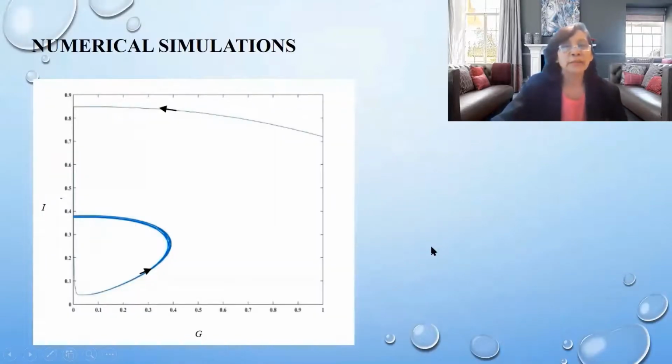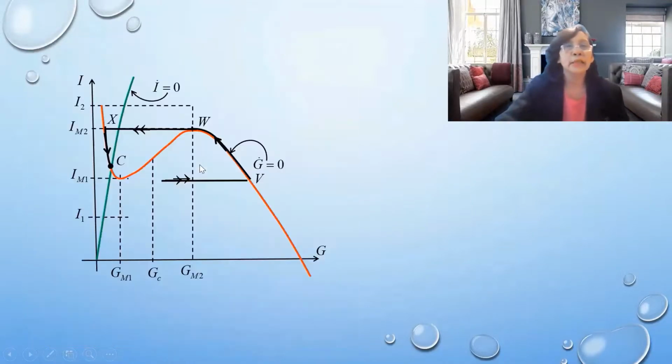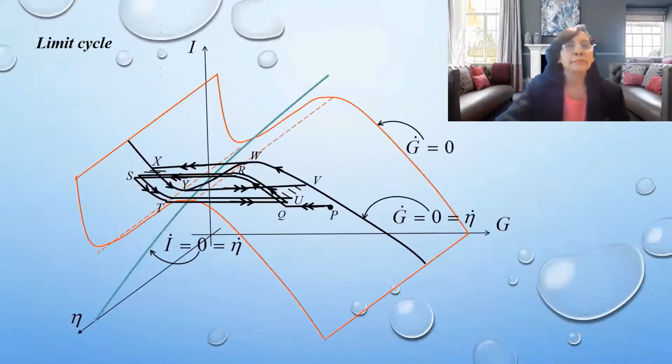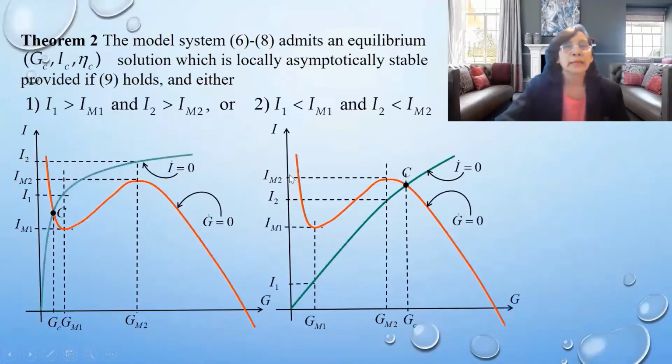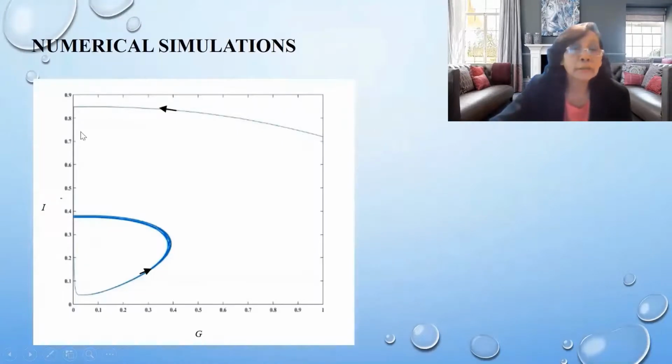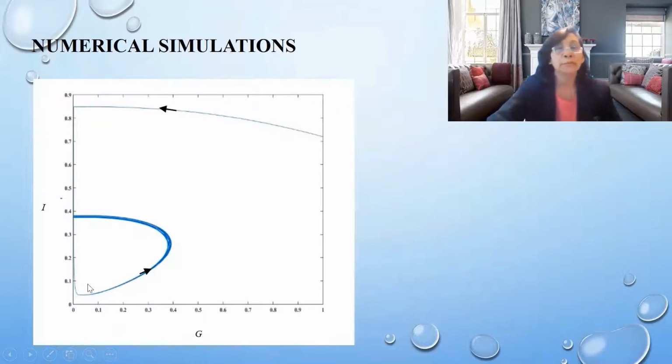So we have carried out some numerical simulations of our model. This is the graph of the solution to our model system, in the case that the parameters satisfy the inequalities in theorem 1, so that the solution trajectory traces out a periodic solution or a limit cycle as predicted by the theorem.